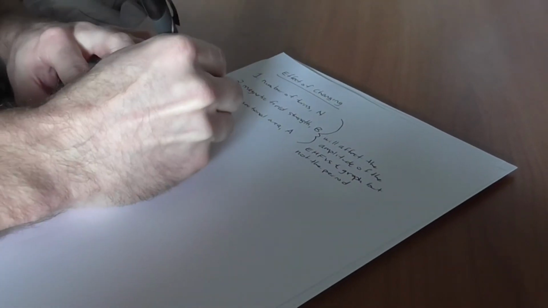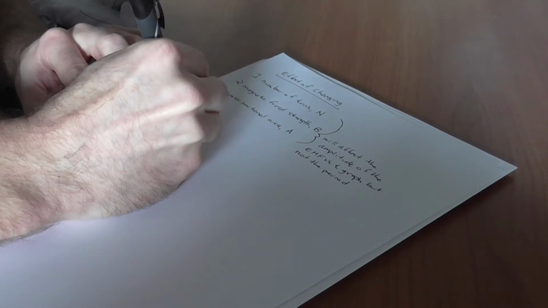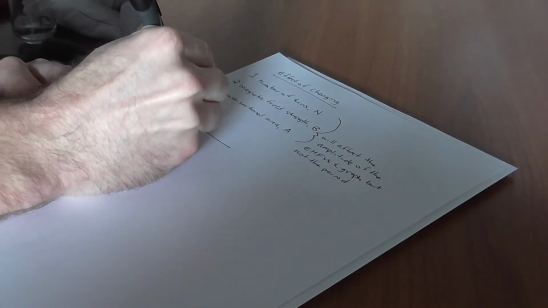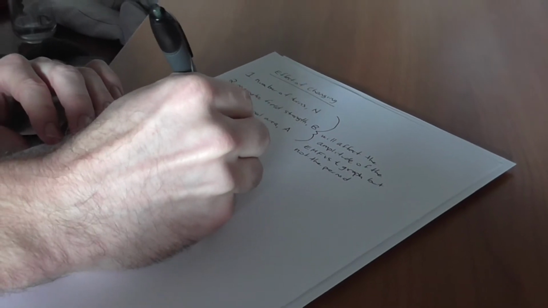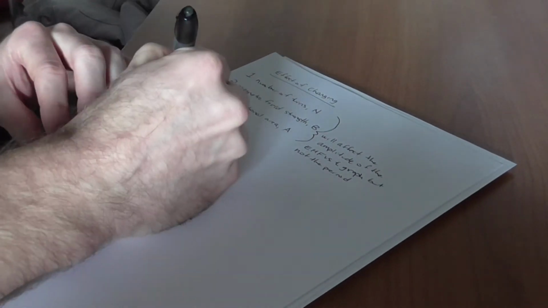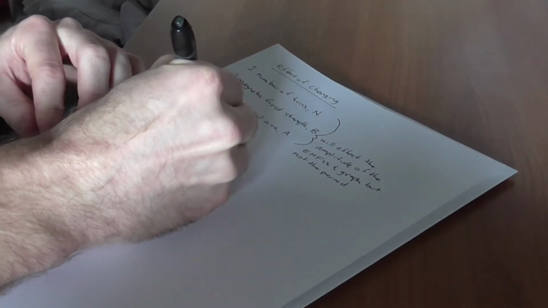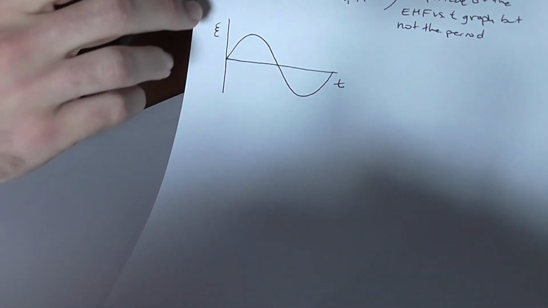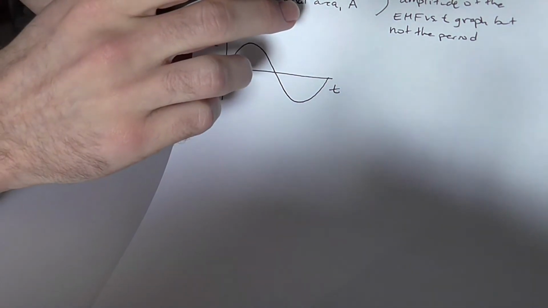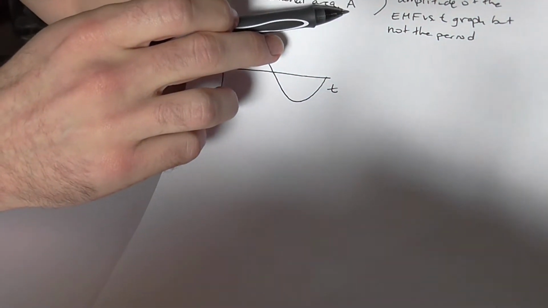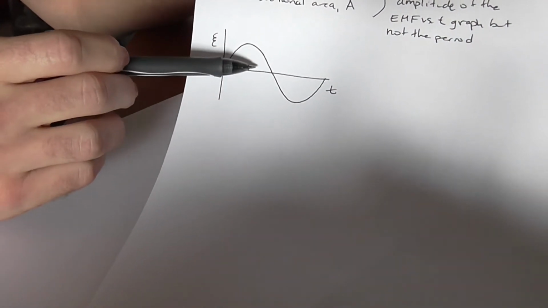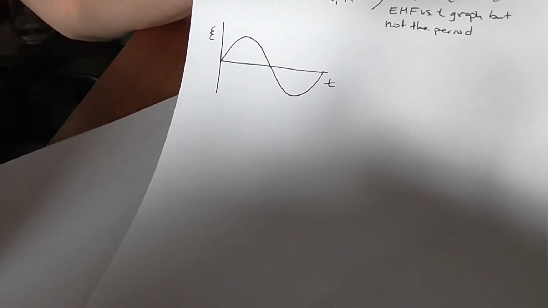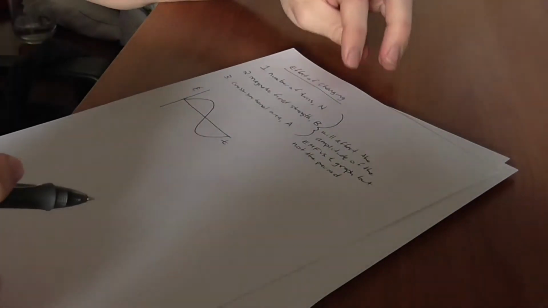Because our EMF versus time graph, think about it, EMF is synonymous with voltage in this situation, and when it's alternating current, it is just going to be a sine curve, like so. So if I were to change the number of turns, the magnetic field strength, or the cross-sectional area, all that would do is increase the amplitude of this sine graph. That's what it would do.